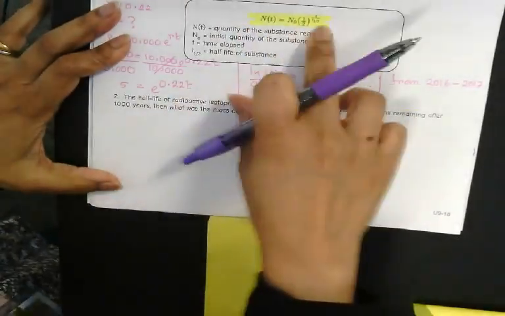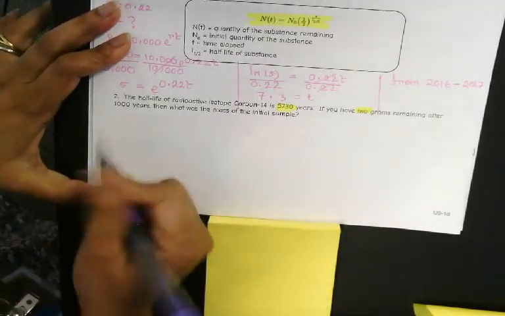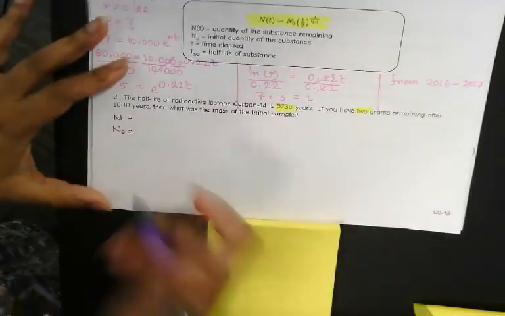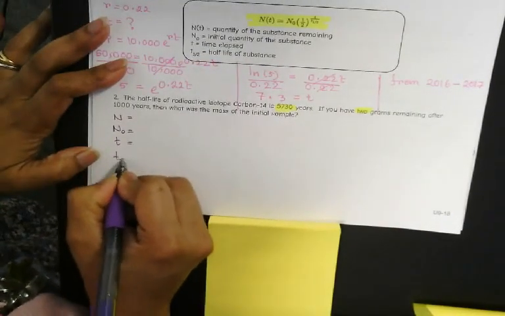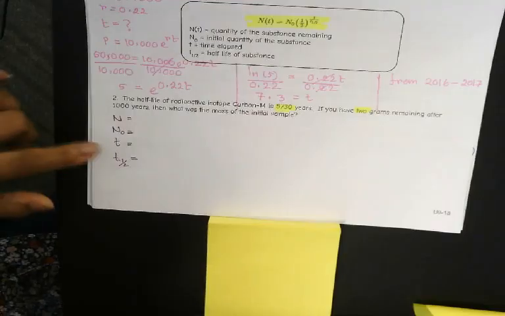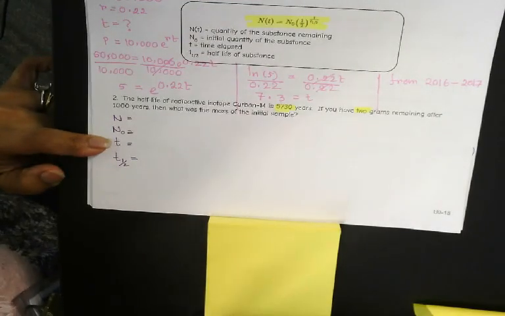So this is my equation. Let's write down all the variables over here because there are a lot of them. N naught, this is how it's read, means initial. And then we have T and we have T half. Now tell me, what is the T value over here? Time is given for you. What is the time?